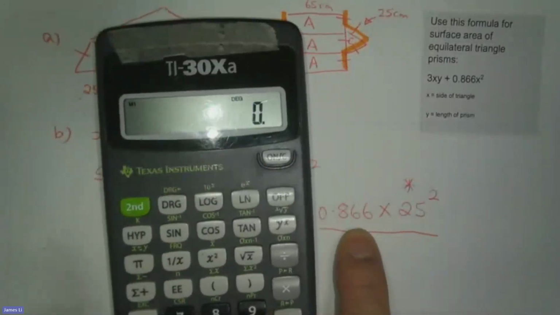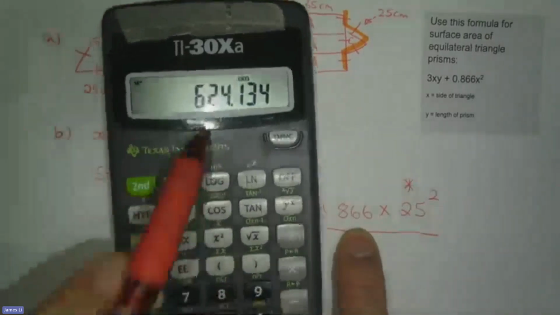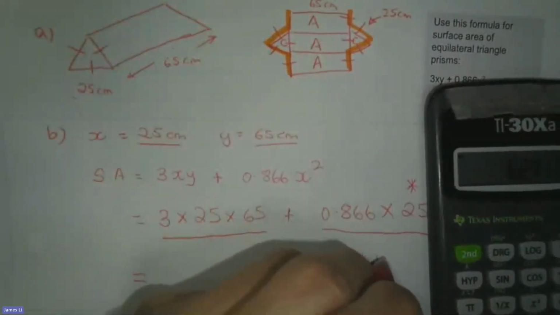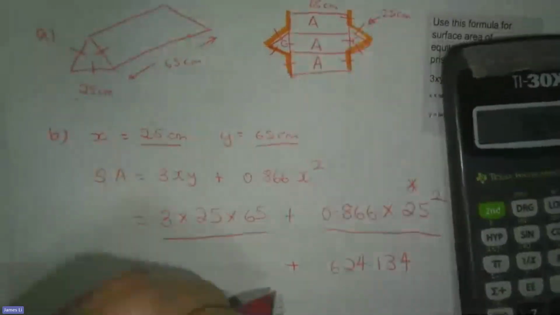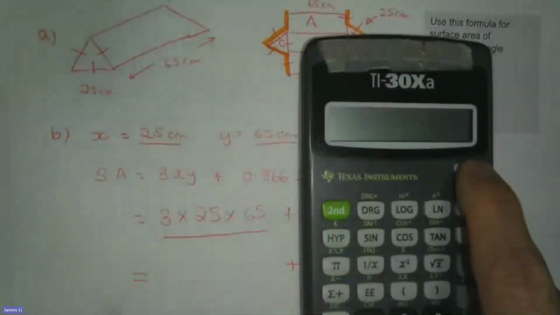Multiply by 0.866, I get 624.134. I'm going to write it down here, okay? And then next, 3 times 25 times 65.